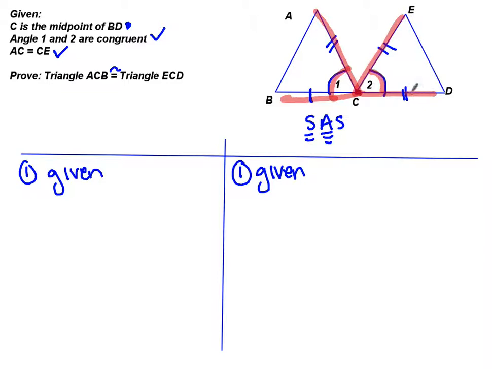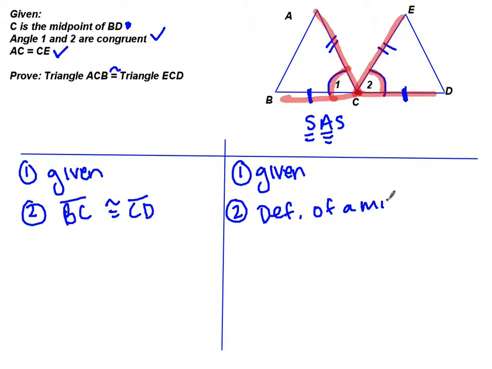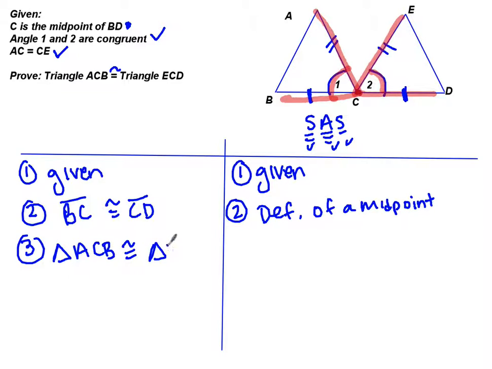Well, my given told me that C is the midpoint, but I need to clearly state that BC is congruent to CD because of the definition of a midpoint. And so once I state that, I have enough to prove that triangle ACB is congruent to triangle ECD by side, angle, side.